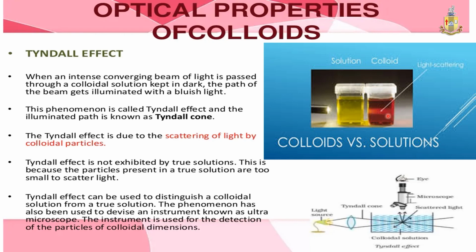This is because of the scattering of light by colloidal particles. Because their size is intermediate between solution and suspension, they are capable of scattering light, and that is how we are able to see the path of light. That is the reason for the phenomenon in the earlier slide, where light passes through a forest and we observe its passage.